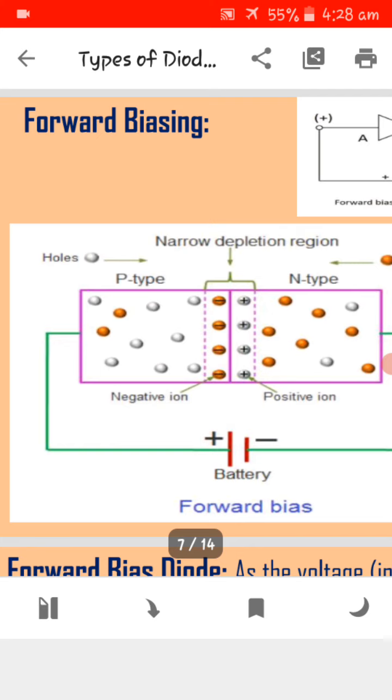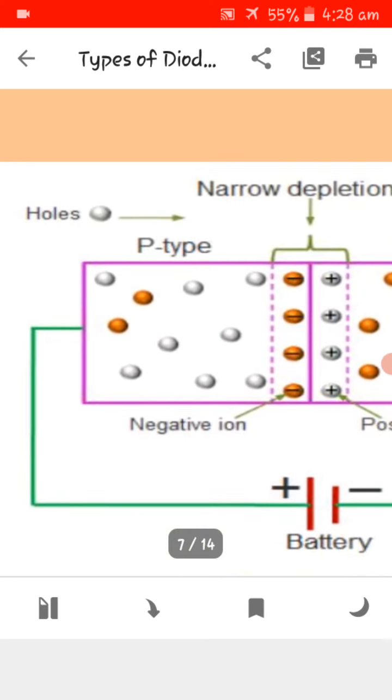So when you look at the p-type semiconductor region, there are holes shown with white and gray color, which are in majority numbers, or called the majority charge carriers. What are majority charge carriers? When holes in the p-type semiconductor are in major quantity, maximum quantity, they are called the majority charge carriers.